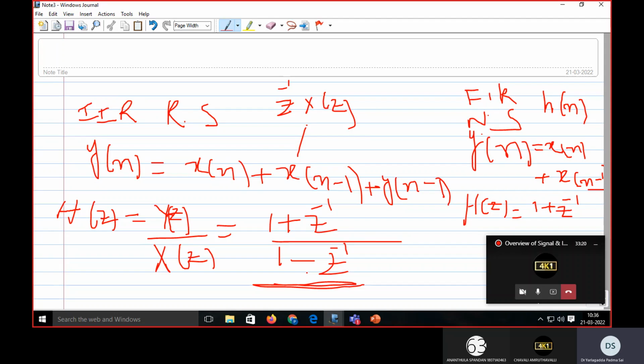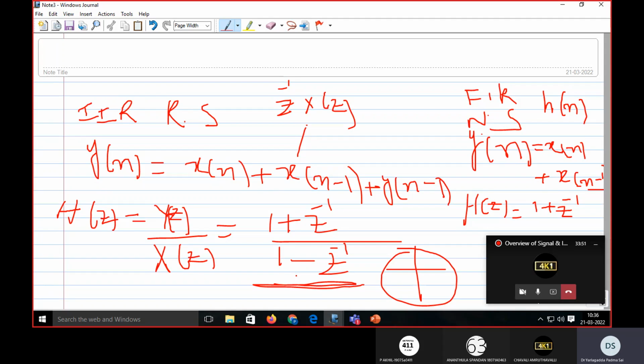Coming to an IIR system, the stability depends on the poles. Always you have to check whether the given system is stable or not. You can calculate the roots of your denominator polynomial; whenever all the poles are lying within the unit circle, we say that the given system is stable. All the poles should be within the unit circle. If it is not satisfying that condition, we say that the system is unstable.